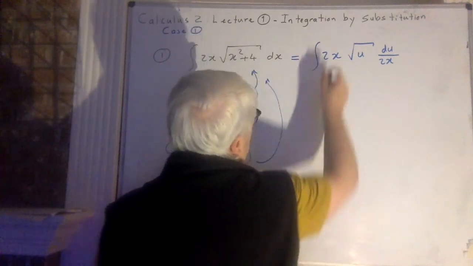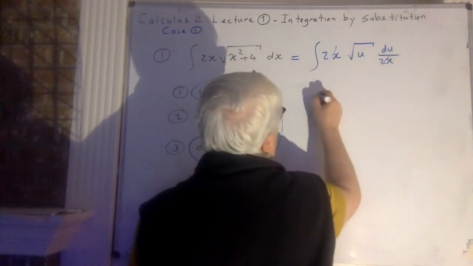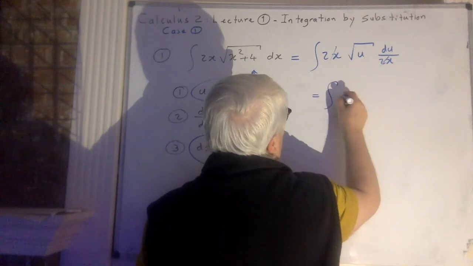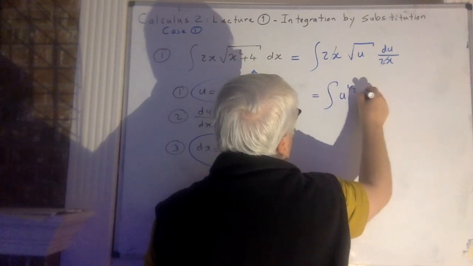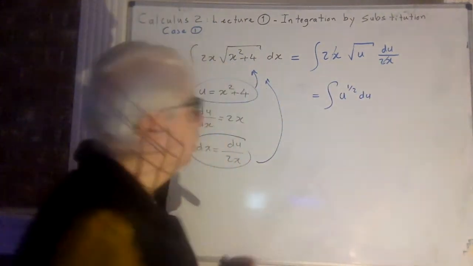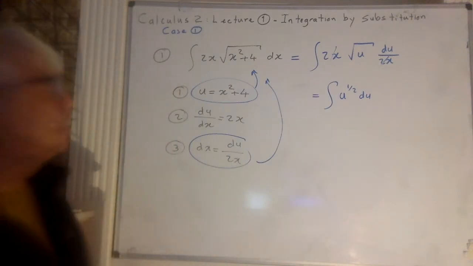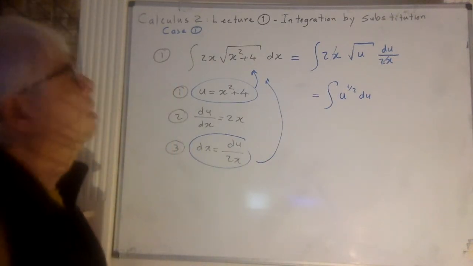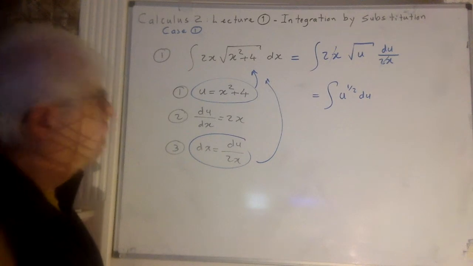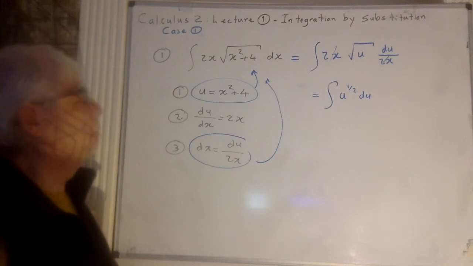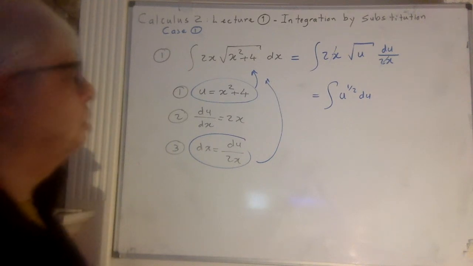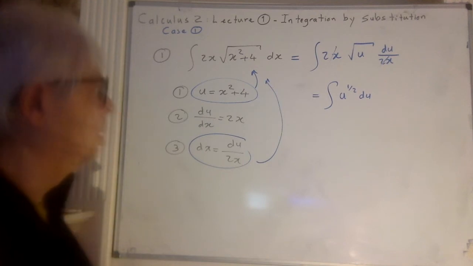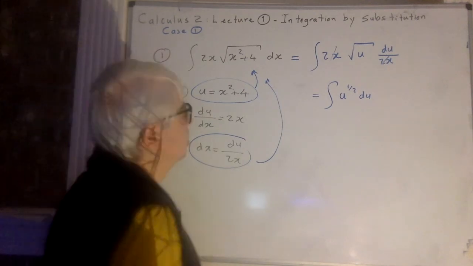So the 2x and 2x cancel out, and I will get the integral of u to the power 1/2 du. And always, when you have square root, radical, or whatever you have, write it as an exponent. Don't write radical u.